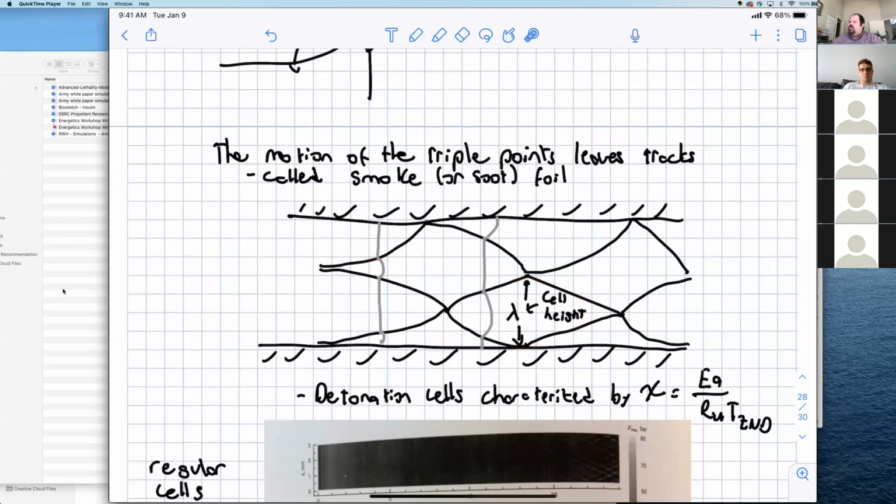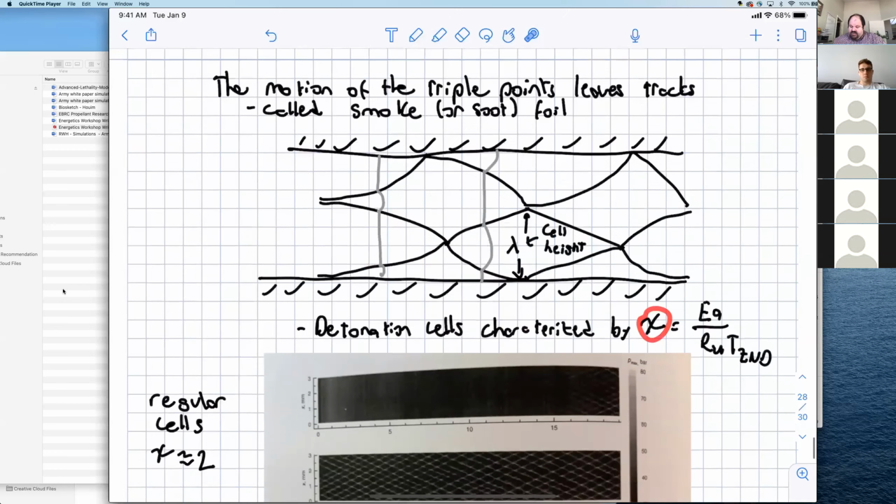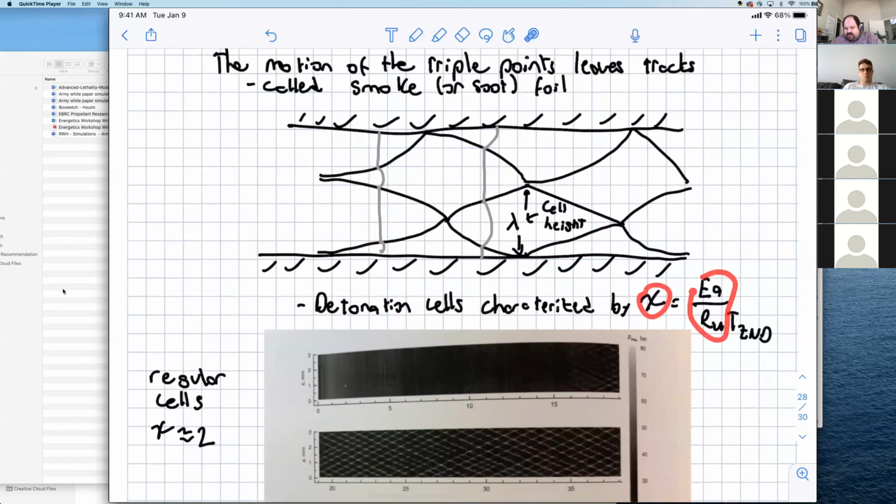And so whether a material is prone to this or not is characterized by this chi parameter here. This chi is just the activation energy over the universal gas constant divided by the ZND temperature behind the leading shock of the detonation. If chi is small, your mixture will not produce detonation cells.